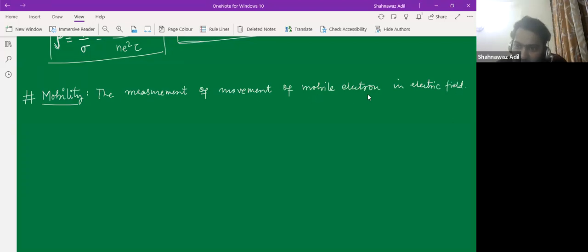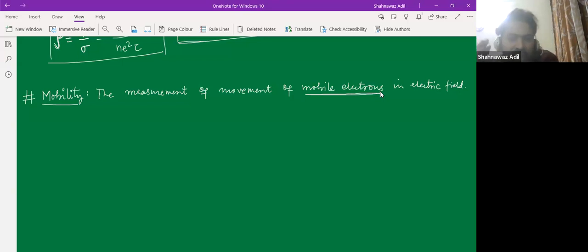So what are the mobile electrons? You have this conductor, and in the conductor you will have those free electrons, right? Because the conductor is made up of compounds, and those compounds have atoms. In those atoms, one kind would be the free electrons, and the other would be the bound, non-free electrons. So one is the valence electron, the other is the core electrons. The valence electrons are the free electrons, and they act like mobile electrons.